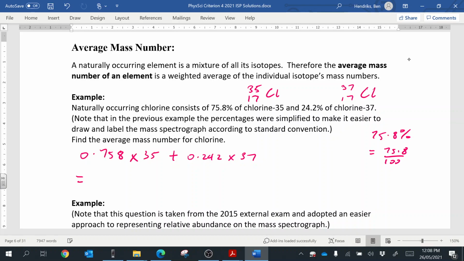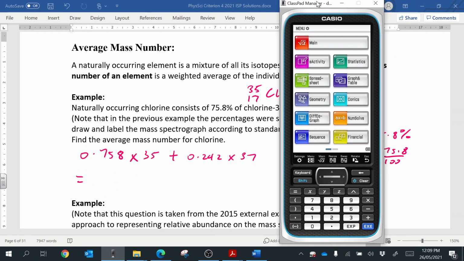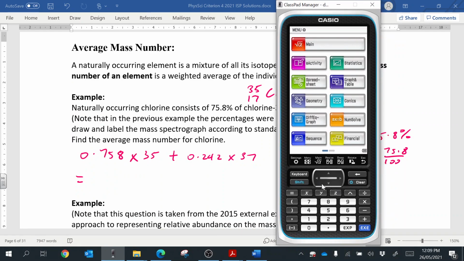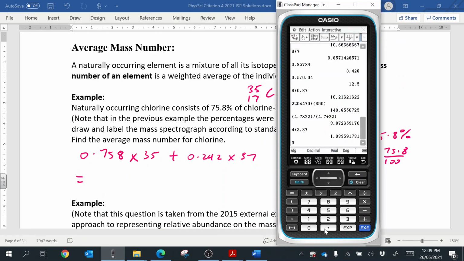And then if we put that into our calculator, 0.758 times 35 is 26.53. I'm not sure why I didn't just add that on. I should have just done it all in one line.